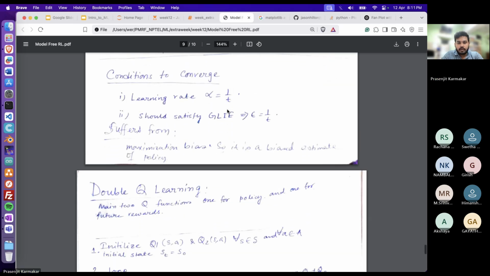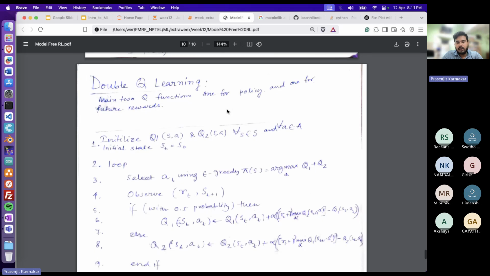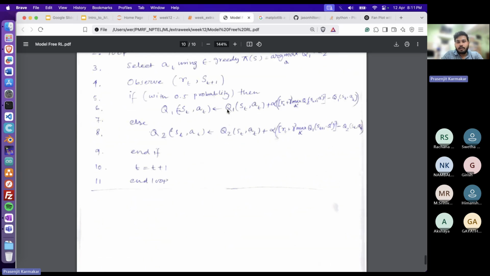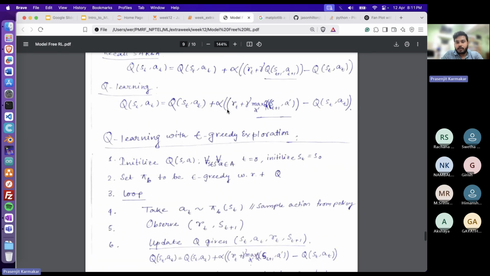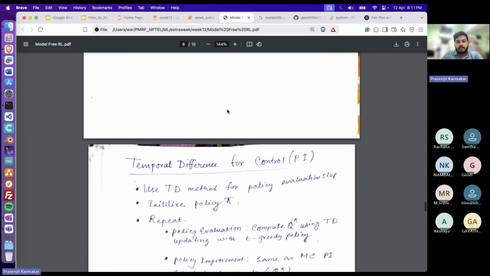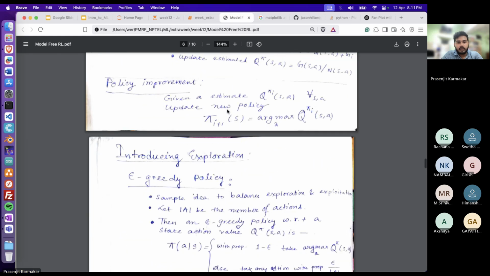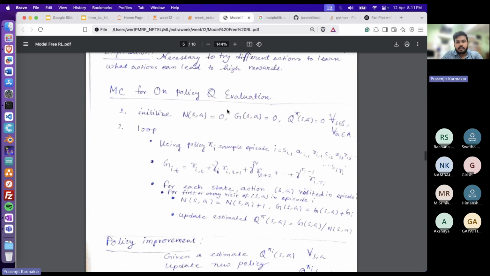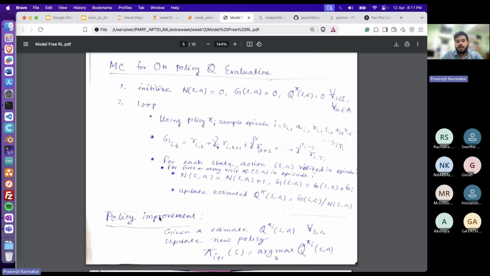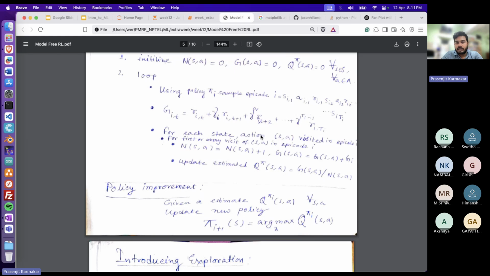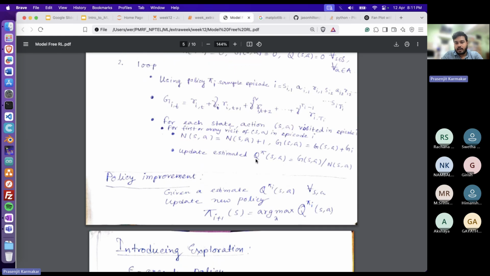Okay. There is another algorithm called double Q-learning, which is not that important, and that is the end of model-free reinforcement learning. Okay. So some algorithms that I skipped were these two, which are very simple. Here, see this Monte Carlo evaluation, you can also pair it with improvement. You can do the same thing: compute the return for all the trajectories, get an update, like an empirical value of Q(S, A) for whatever state you visited.